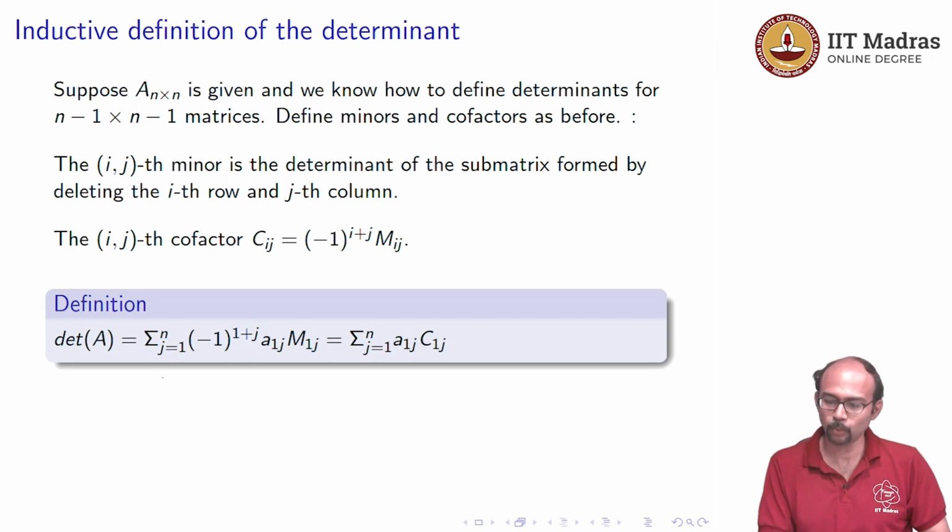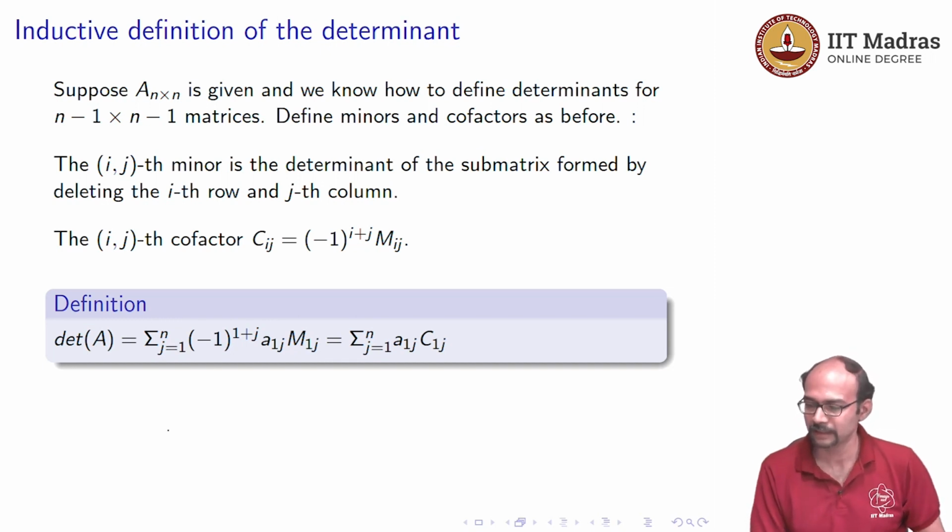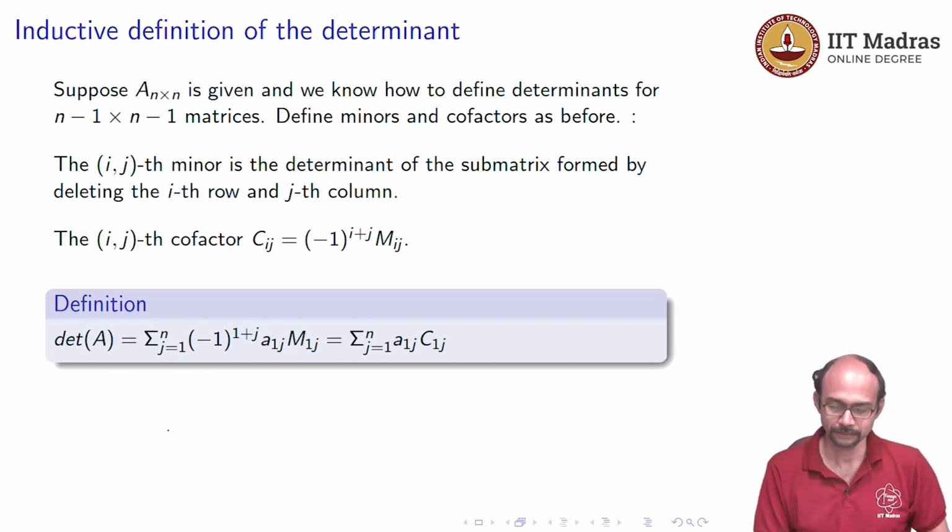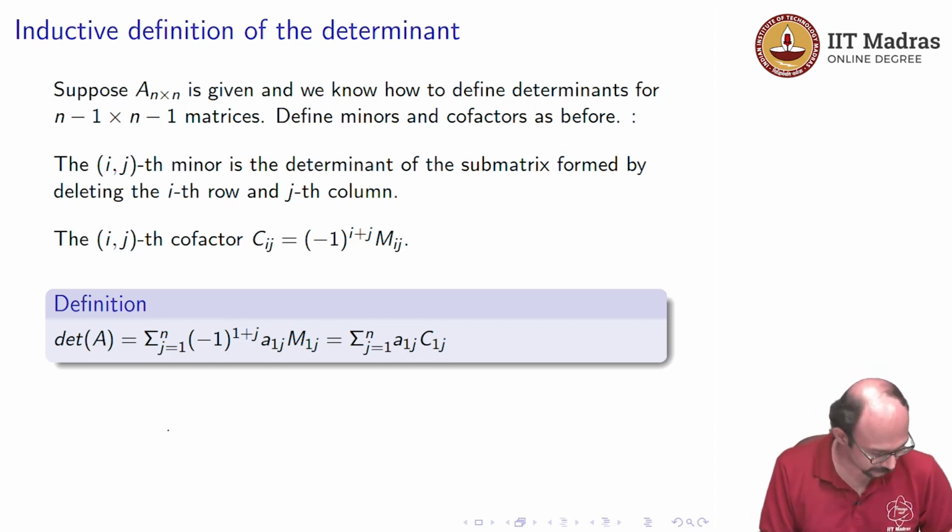Now this sum runs from 1 through n, because remember there are n entries in the first row. And again if you do not want to bother about signs and you just want a simple sum, then you absorb that sign into the minor and you can write it in terms of cofactors: the summation of a1j c1j.